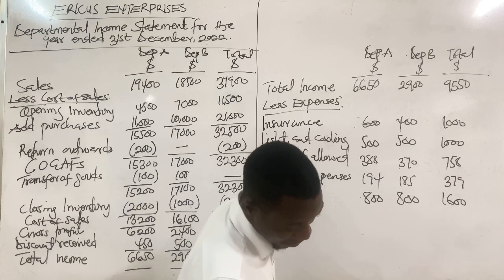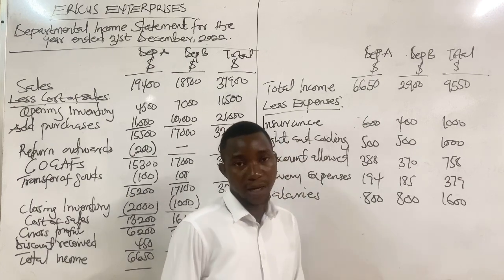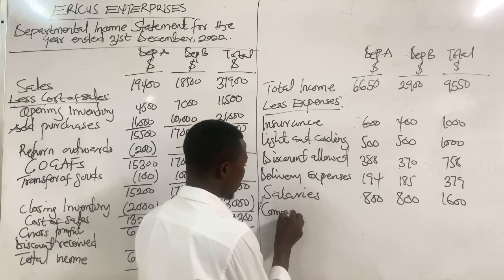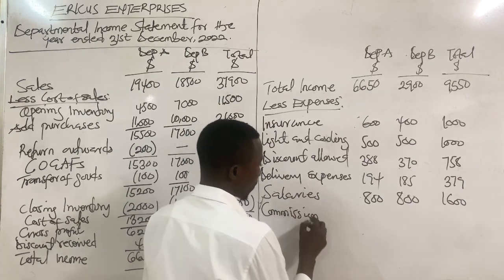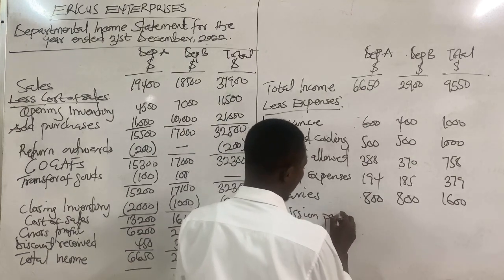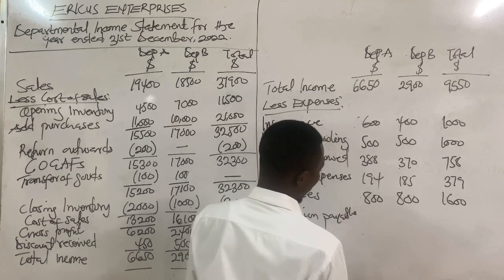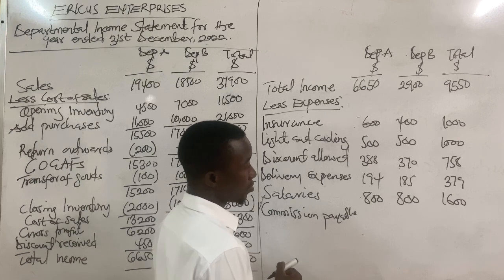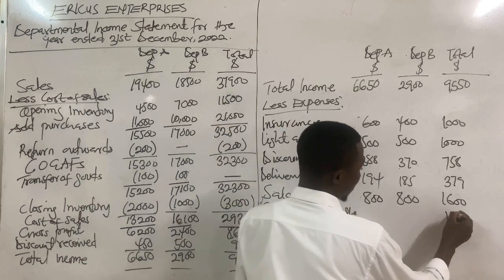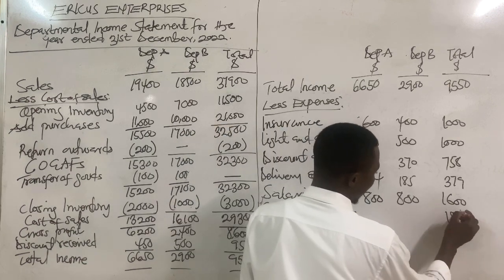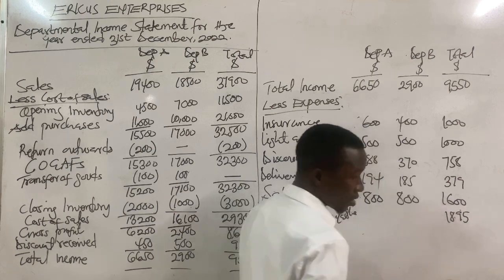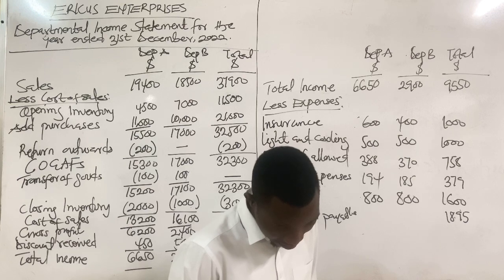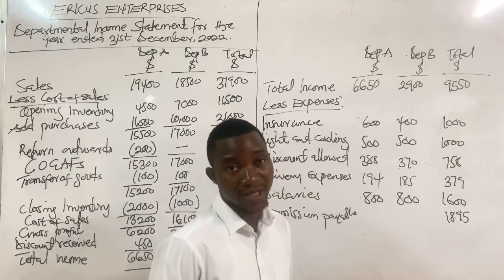And the next expense to talk about is commission payable. For commission payable, the total amount is 1,895 from the question, and its basis of apportionment is 5% on sales.